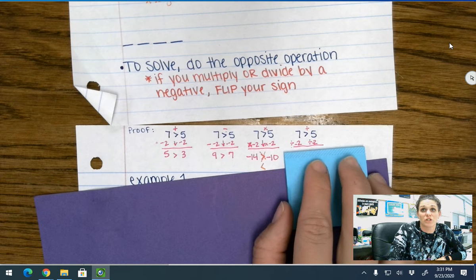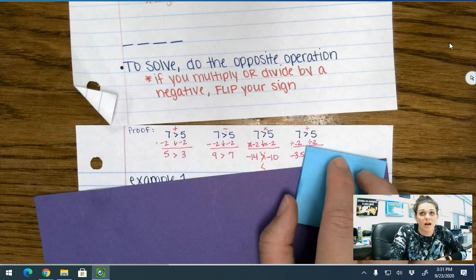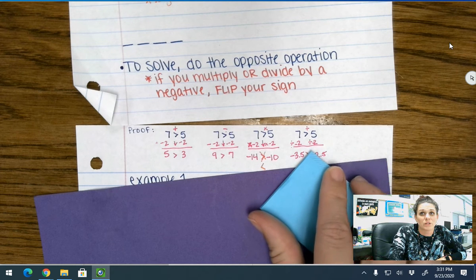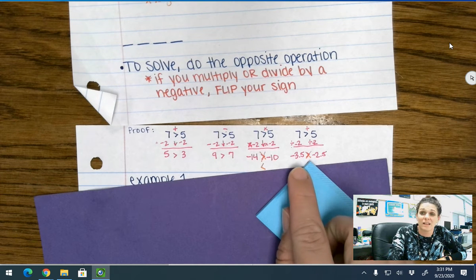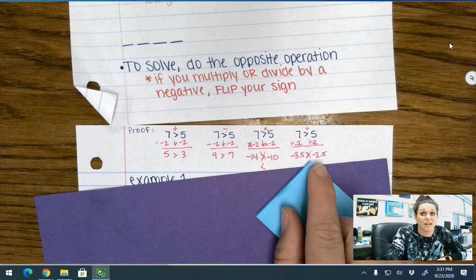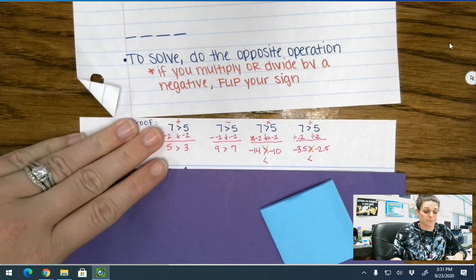And then if we look at division, 7 divided by -2 is going to get us -3.5. And 5 divided by -2 is going to get us -2.5. Those are halvesies. And if I bring down that symbol again, -3.5 is not bigger than -2.5. So again, we need to roll that sign over.